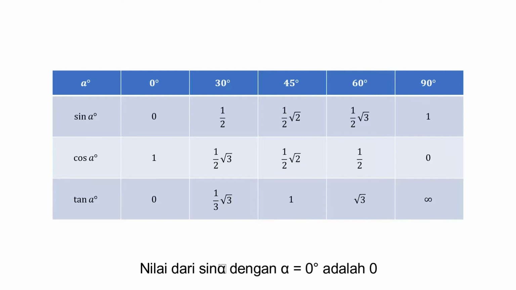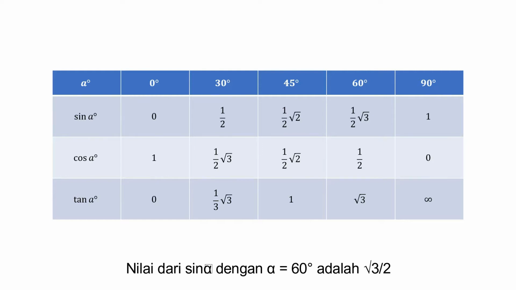The value of sine alpha with alpha is 0 degrees is 0. The value of sine alpha with alpha is 30 degrees is 1/2. The value of sine alpha with alpha is 45 degrees is 1/2 root 2.